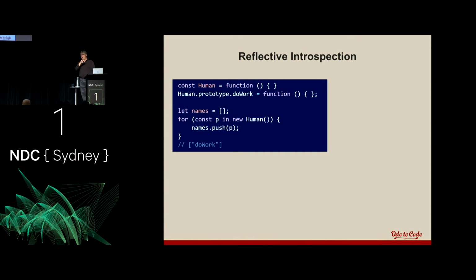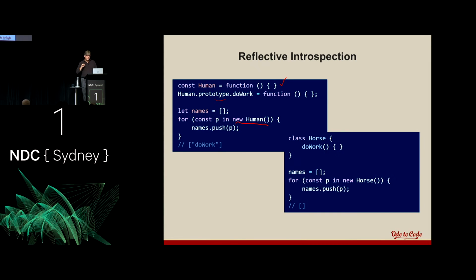Another difference, if I define employee or human, well, the example here is I'm defining a constructor function human. I'm manipulating the prototype to add a do work method to humans that are instantiated from that constructor function. If I want to do some reflection, that is iterate through a new human and find out what is available inside, the for in loop will give me back do work as an available thing inside of a human.